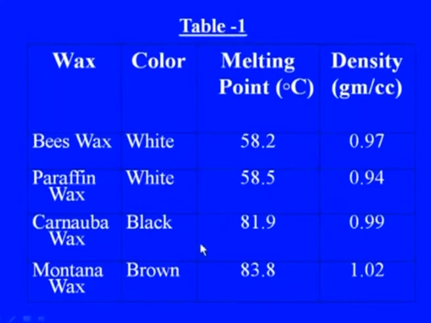On the other hand, montan wax appears brown in color, and the melting point is also the highest among these four classes of wax we have discussed, which stands at 83.8 degrees Celsius with the highest density of 1.02 gram per cc.